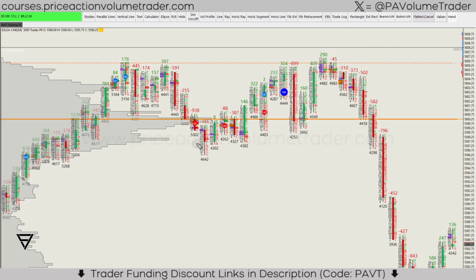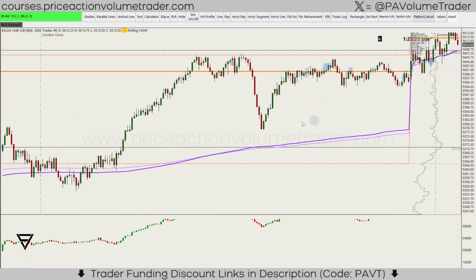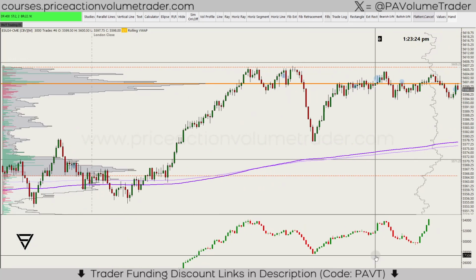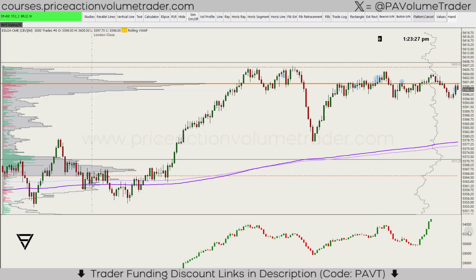Eventually it came down, we broke these lows, and then we had a very quick follow through to the downside, which you can see over here. You can also see cumulative delta bearish divergence, double top here, and yet cumulative delta is failing to make a higher high.